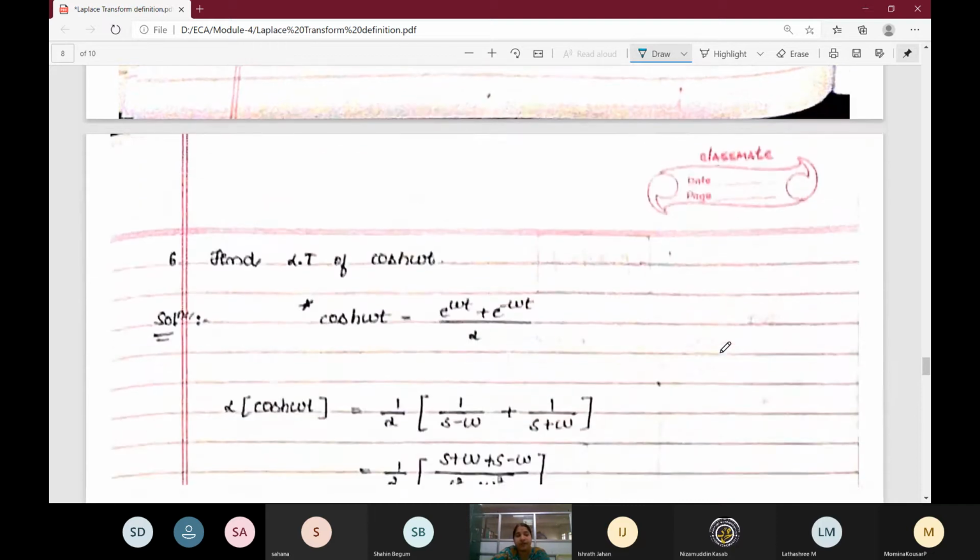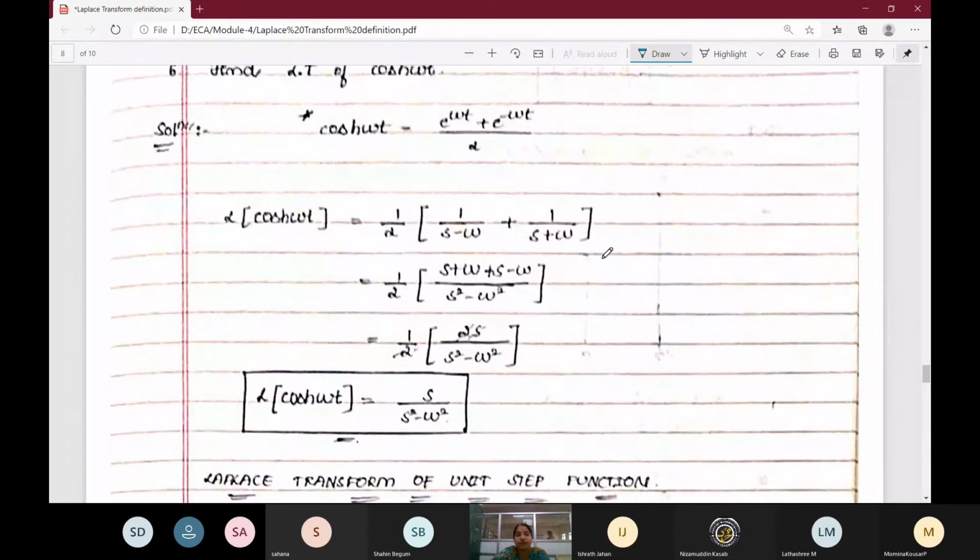So we can find out the Laplace transform of cos hyperbolic. The definition of cos hyperbolic is e power omega t plus e power minus omega t by 2. Just substitute the values: for e power omega t it is 1 by s minus omega, and 1 by s plus omega. After that, take the LCM.